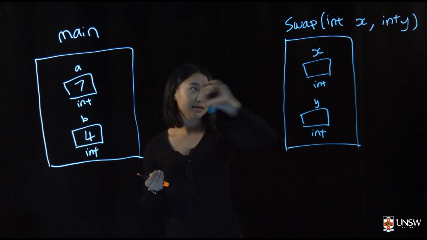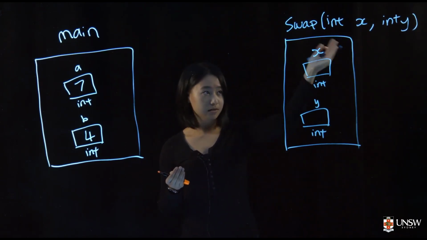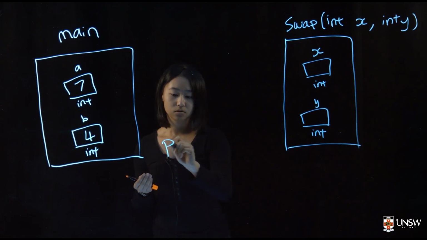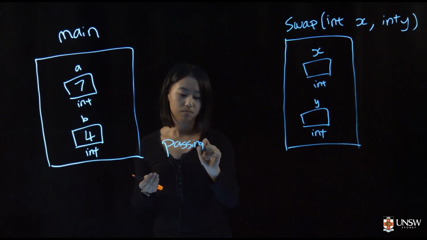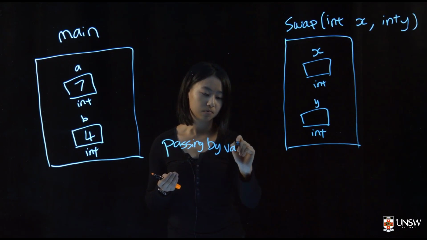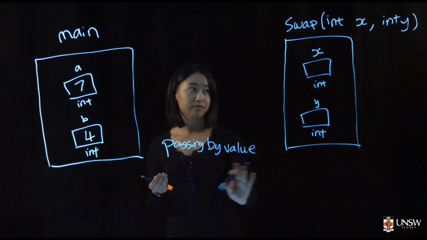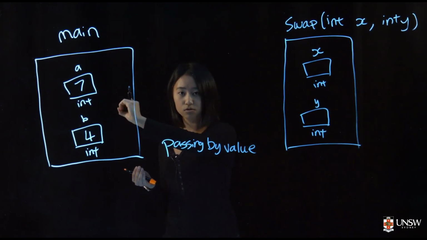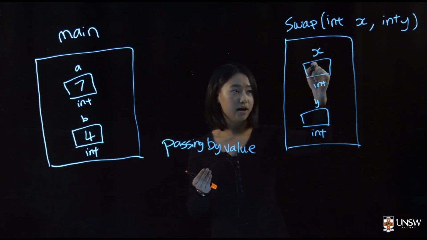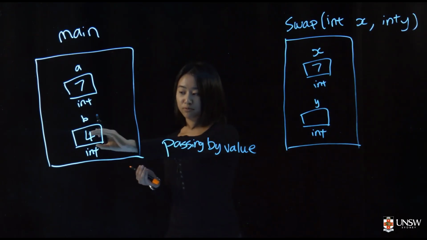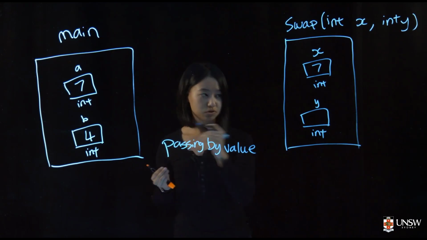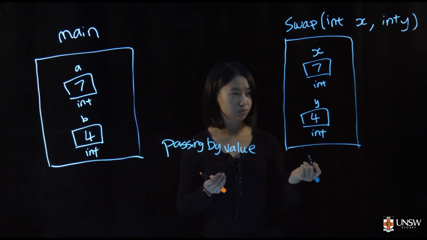So I pass a into x, the value of a. That's called passing by value because you're just grabbing the value of a and putting it into x. Same thing for b, you're grabbing the value of b, which is 4, and putting it into y.